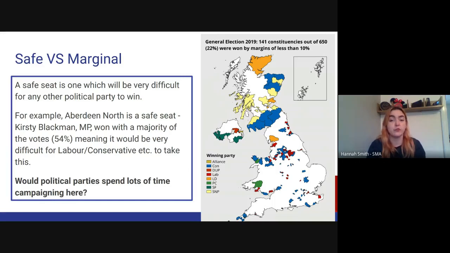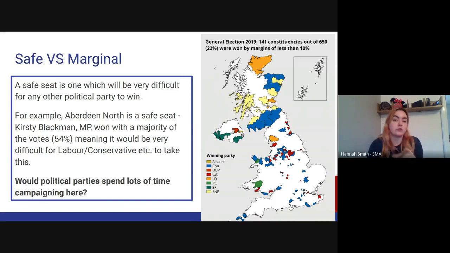She actually won 54% of the votes for Aberdeen North. Now, if she's got over half, and as an MP, you only need 1 more than the second place to win, would I be investing money to campaign in Aberdeen North if I was a Green Party or a Lib Dem? Would it be worth my time and effort if I know she's already got half?